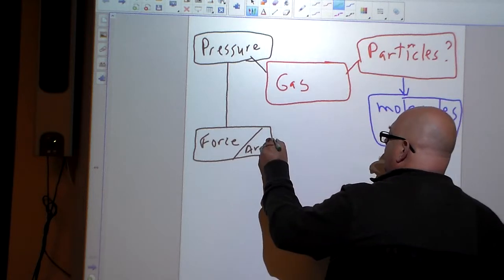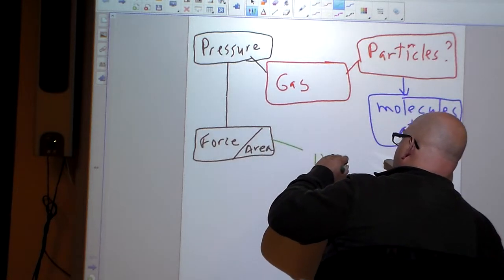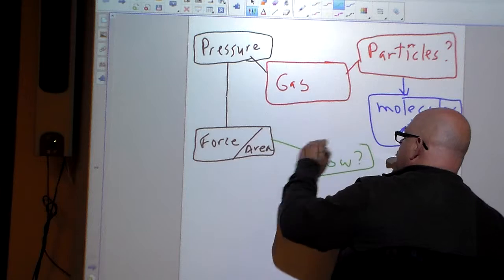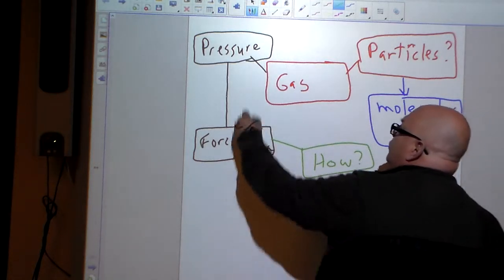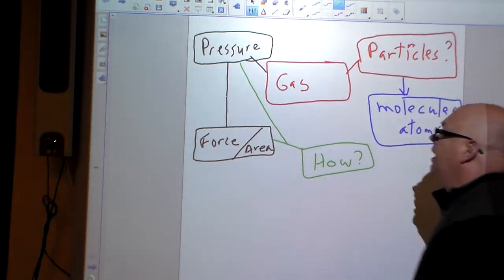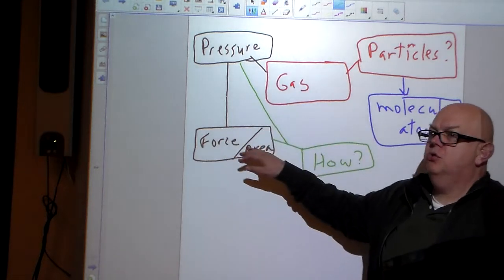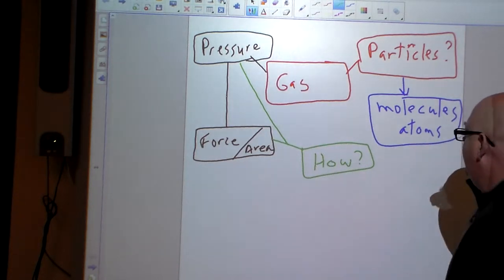But how is pressure actually created? We're looking at the connection between pressure and force over area. How does that happen?